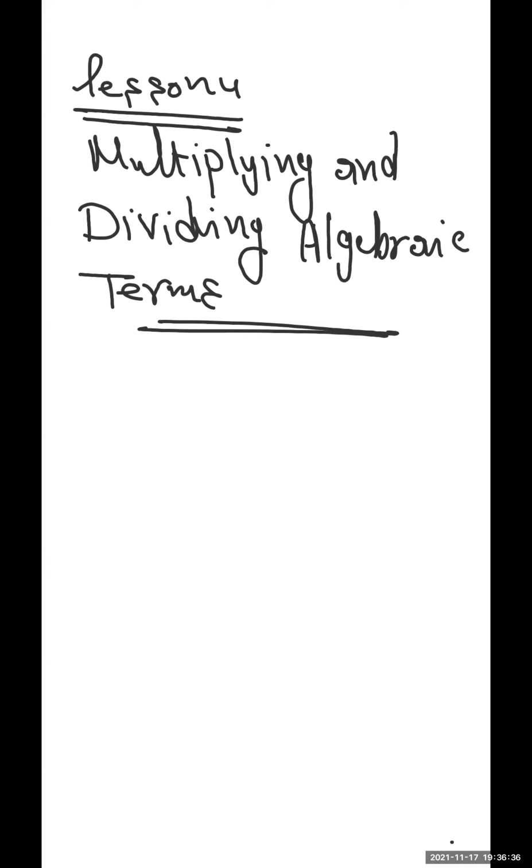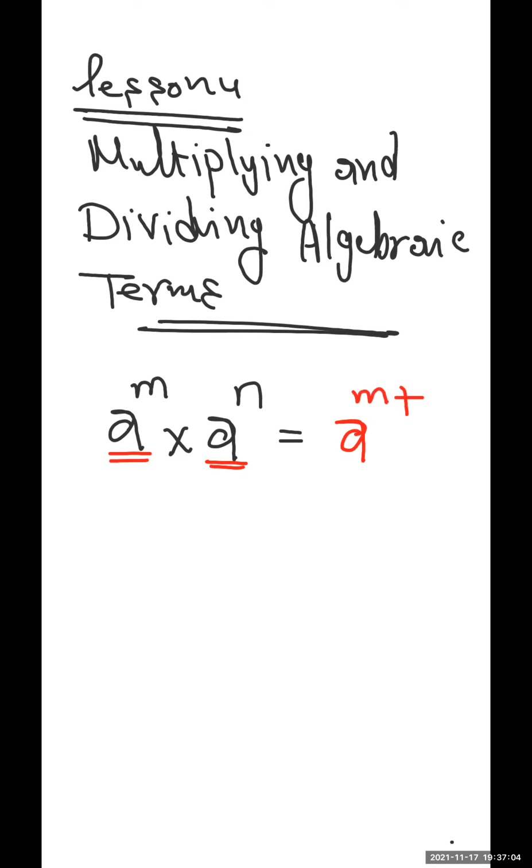This means if there is a term like a to the power m times a to the power n, the result is a to the power m plus n. Listen, guys: here the bases are the same, it's a, and the difference is only in the powers. So it will equal a, and the power will be m plus n.